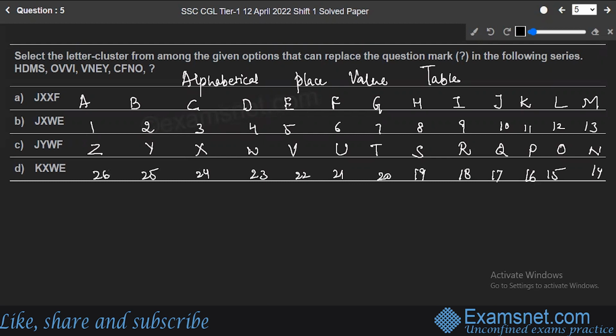So do remember this alphabetical place value table for solving such questions.